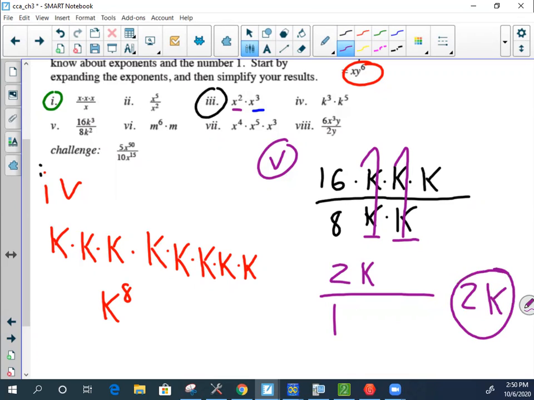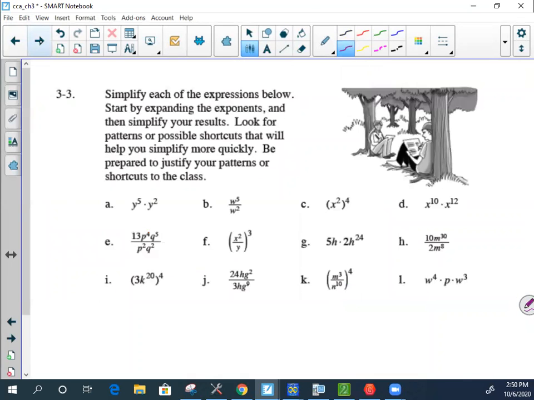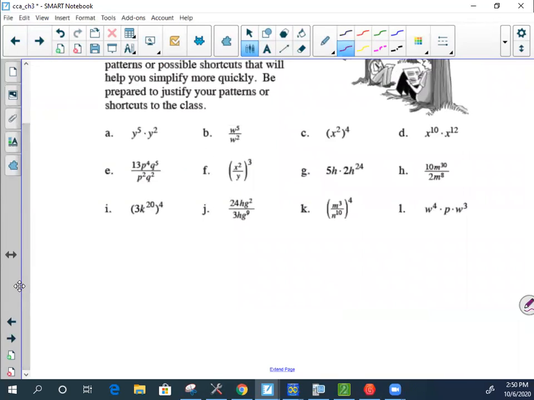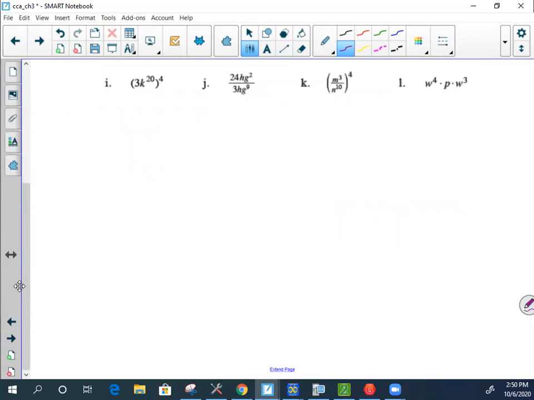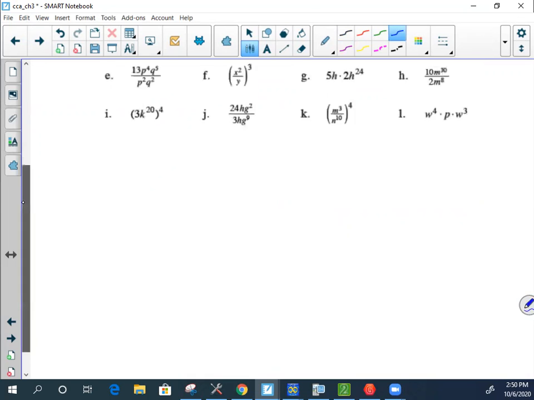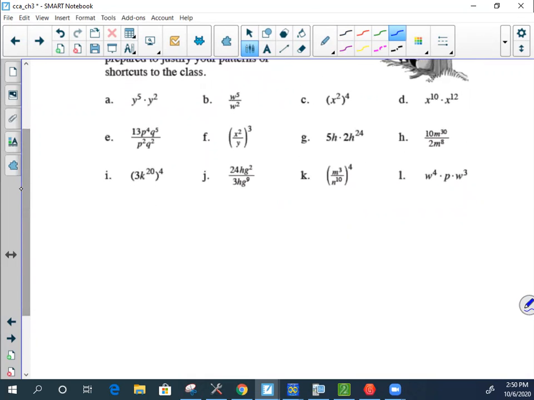All right, we'll do a couple more practice problems on simplifying expressions as in this video. We'll do A, B, and C here. Actually, we've done a lot like A, we've done a lot like B, but let's do C. Here I have x times x, that is x squared, and I have 4 groups of those.